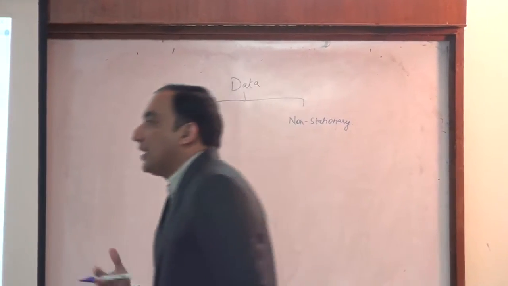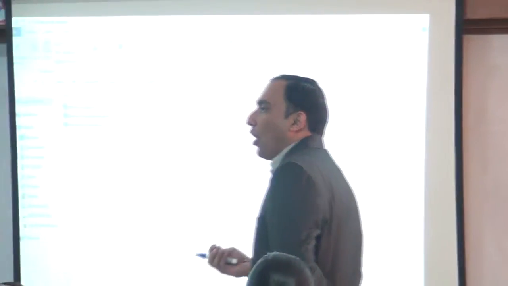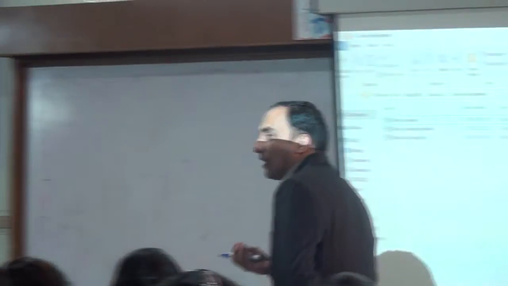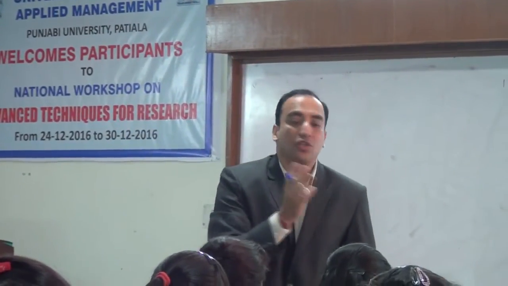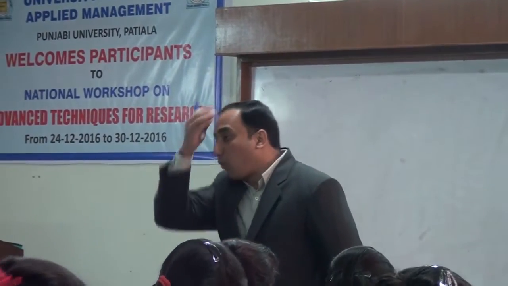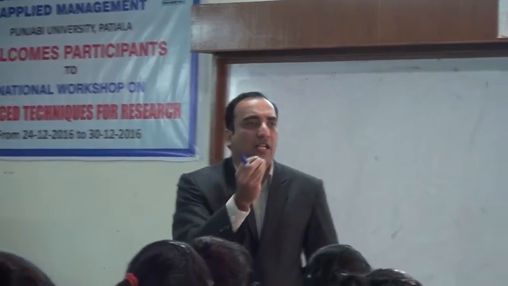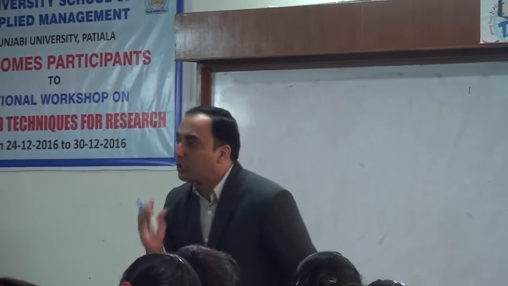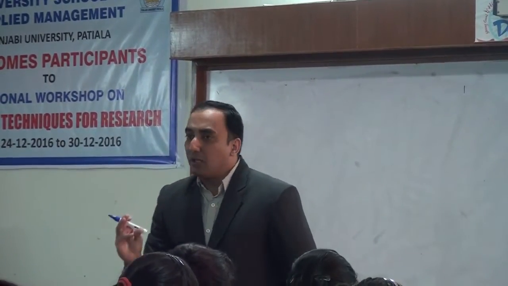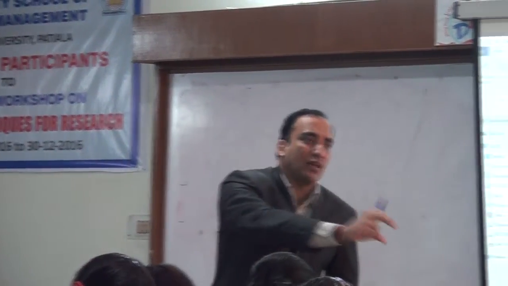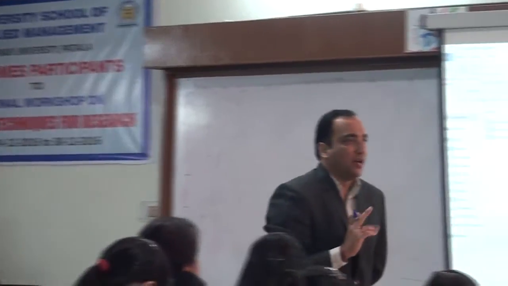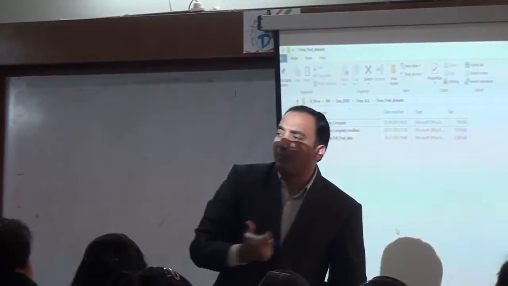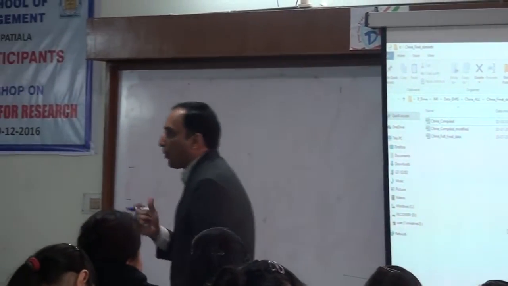In technical terms, if an equation has a unit root, it is non-stationary. Unit root is nothing but a function whose root is 1. It means my today is perfectly correlated with my yesterday. My today is perfectly correlated with my past, and hence it becomes a unit root process.